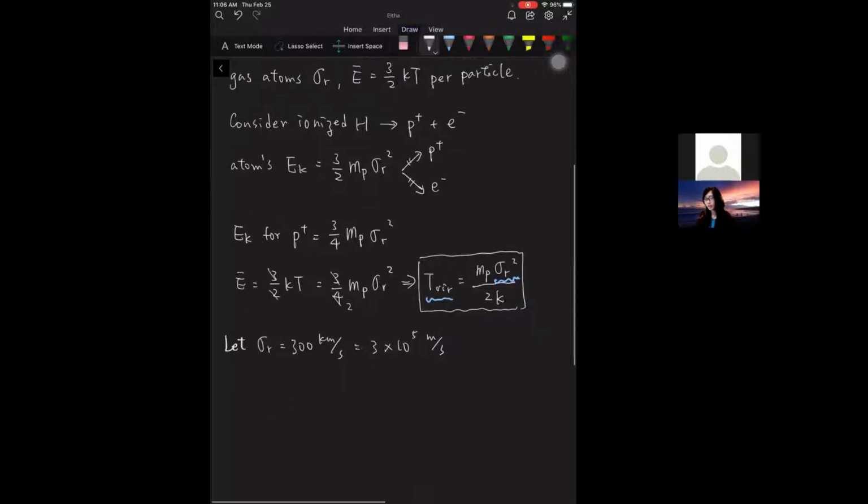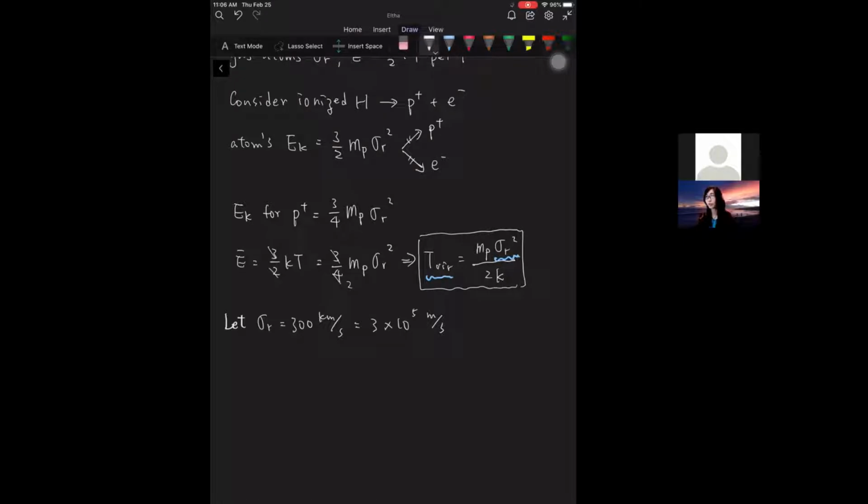Then we can calculate the virial temperature of this cluster by plugging in: the proton mass is 1.67 × 10⁻²⁷, sigma r is 3 × 10⁵ squared, divided by 2 times the Boltzmann constant, 1.38 × 10⁻²³.